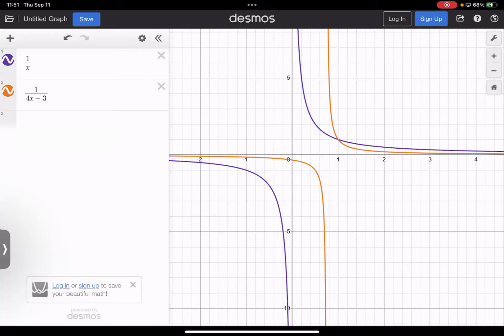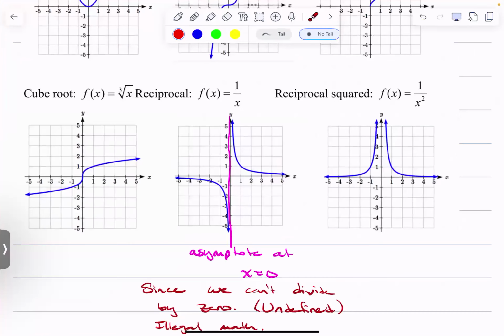And so the asymptote just moves to the value of x that makes 4x minus 3 equal to 0. Nice. And same thing with 1 over x squared. If x squared is in the denominator, then we get this kind of all positive output still with an asymptote because x squared can't be 0, right?